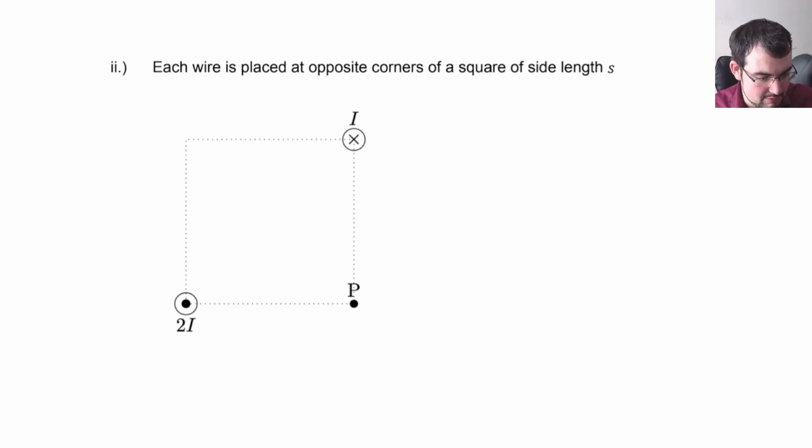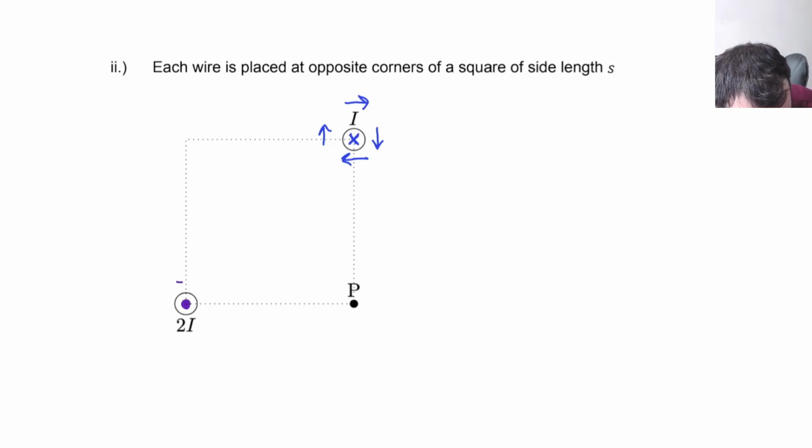For my single I, that's a current that is into the screen, so my fingers wrap clockwise. For this wire, the field looks like this. I know we don't need it at all these points, but it illustrates what's happening. Then for the 2i, it's going to be counterclockwise. It points at me, so my field circulates like that.